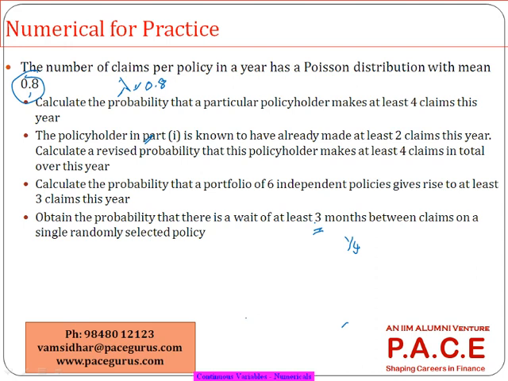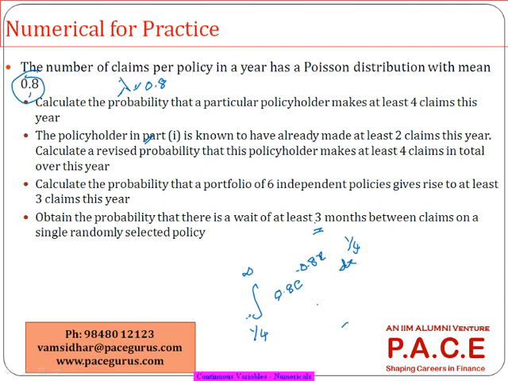So the question is: what is the probability that the waiting time is greater than 3 months? So I may take it up to infinity, from 1/4 to infinity, of lambda e power minus lambda x, because this is an exponential distribution.